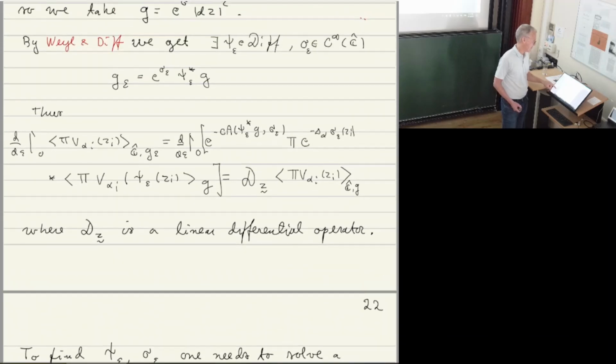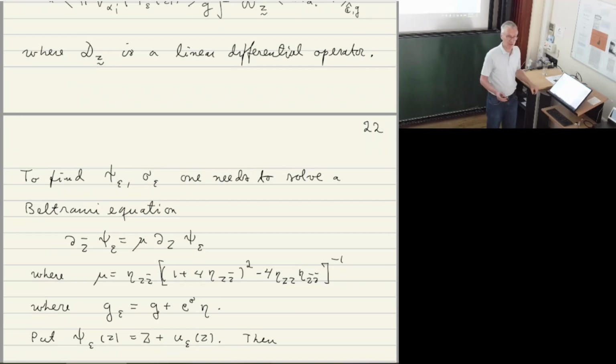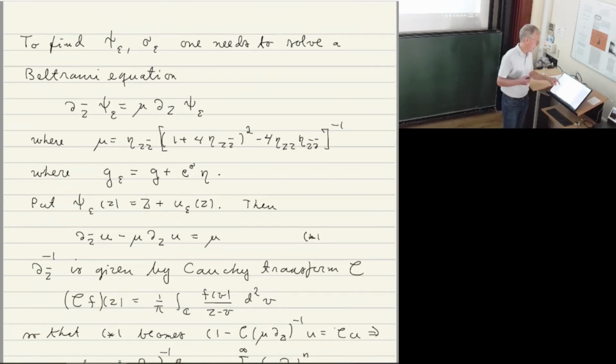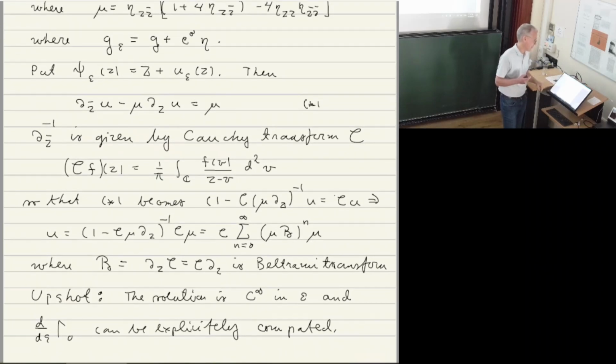To actually find them, you can do it explicitly. And that's complex analysis. I'm not going to go into that. You have to solve a Beltrami equation to do that, and in the end of the day, you have to talk about Cauchy transforms and Beltrami transforms, and functions like 1 over z enter the story.